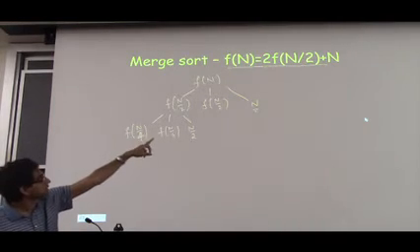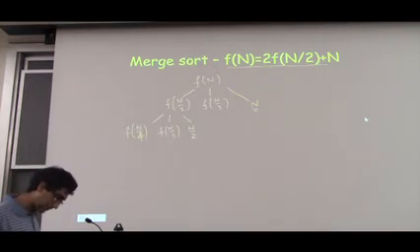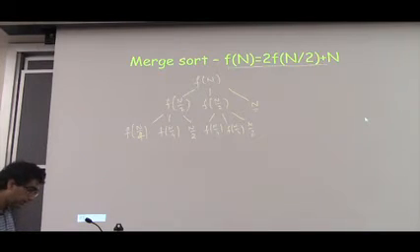So the last term also changes to n over 2. So you have this, and similarly you have f of n by 4, n by 2, and you have stuff going on.